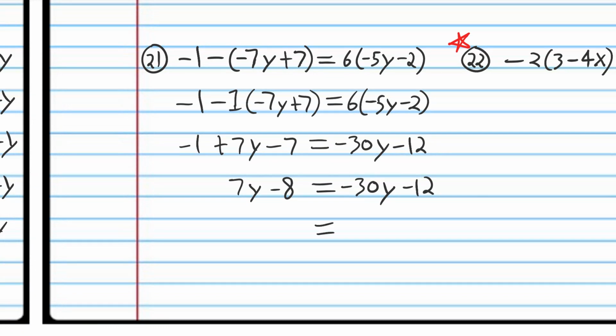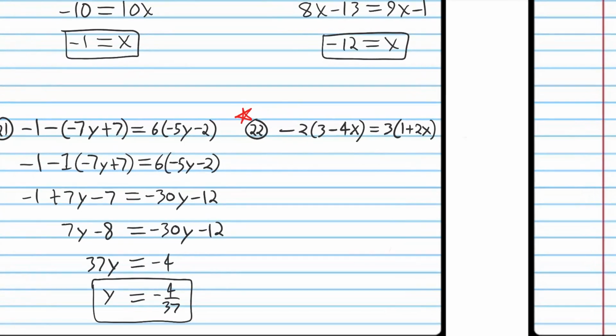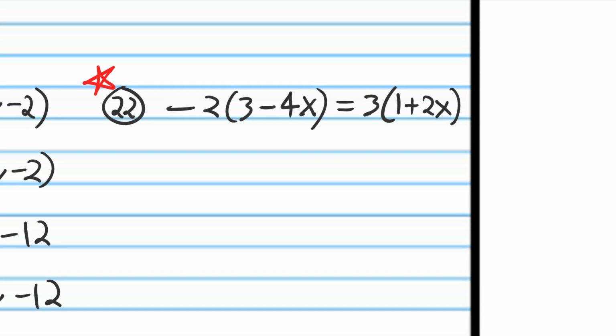Add 30y to both sides. Add 8 to both sides. Divide both sides by 37, and we get negative 4 over 37. All right, so if you got negative 4 over 37, good job.